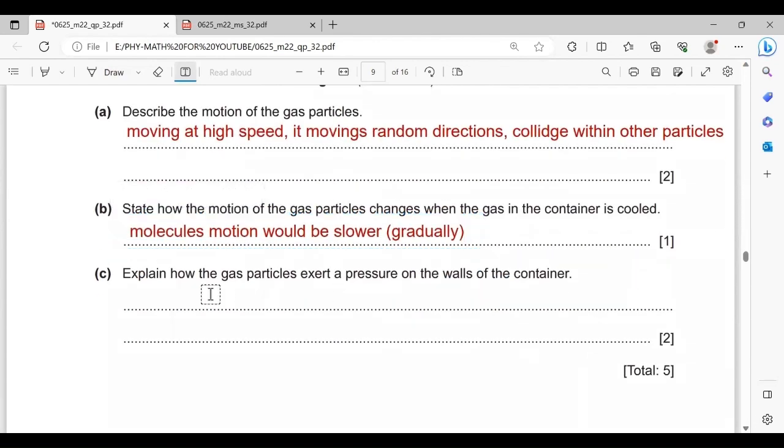C, explain how the gas particles exert a pressure on the walls of the container.